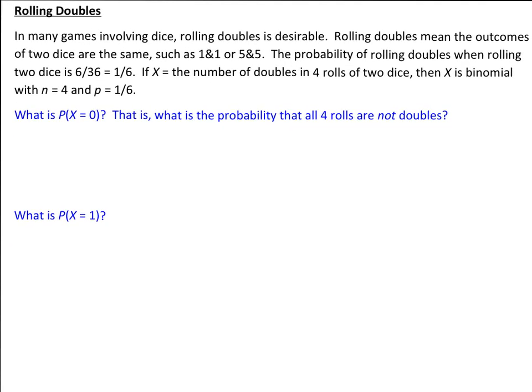All right, so we're going back to rolling doubles. Yeah, so the odds of rolling doubles is 1 out of 6.